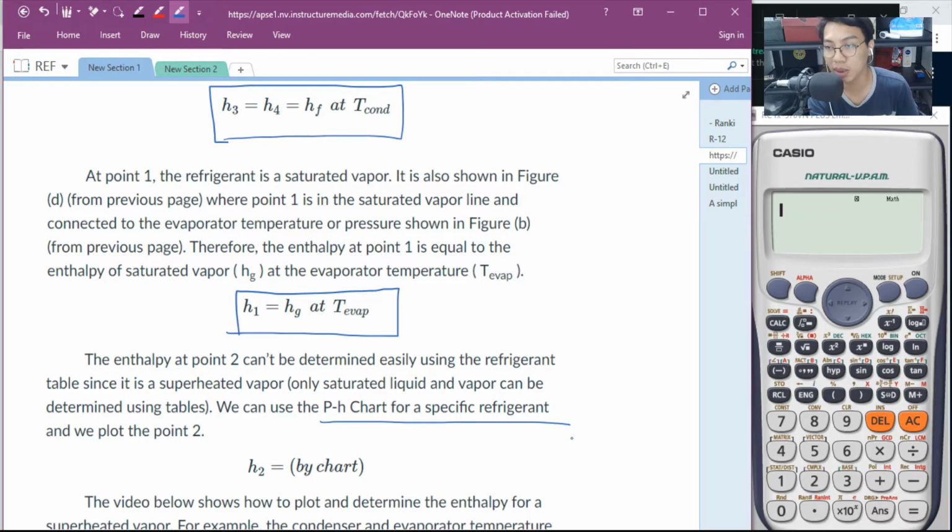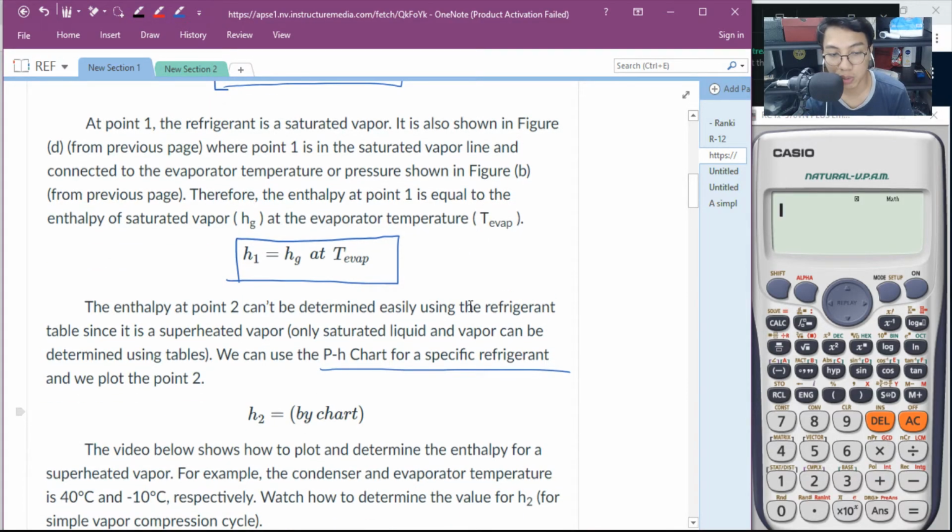I will teach you a technique using your calculator. But that can only be used using R12, R22, but not ammonia tables. Kasi iba na yung ammonia niyan. Ammonia tables, ibang-iba kesa dun sa mga R-type refrigerants. Now, in naming the refrigerant, I will tell you that later.